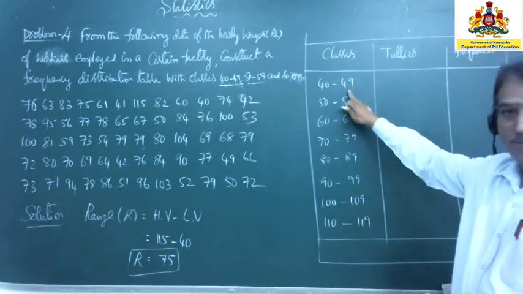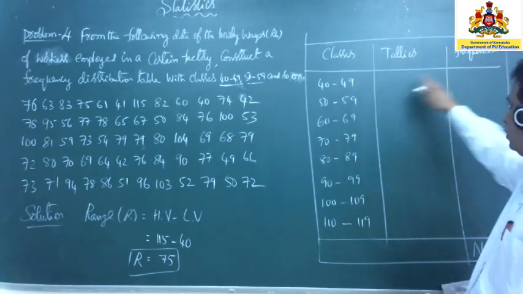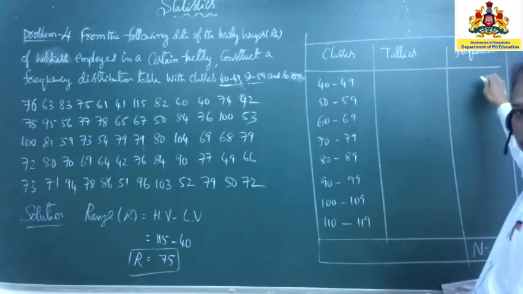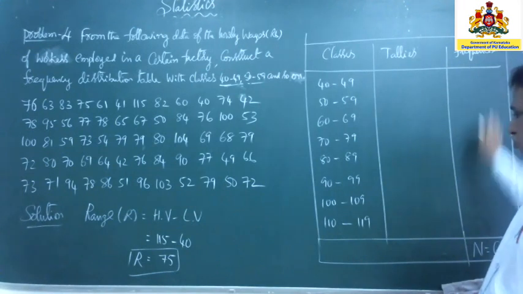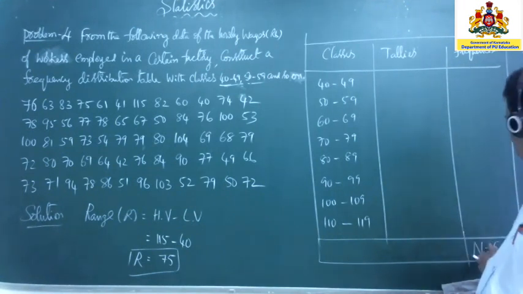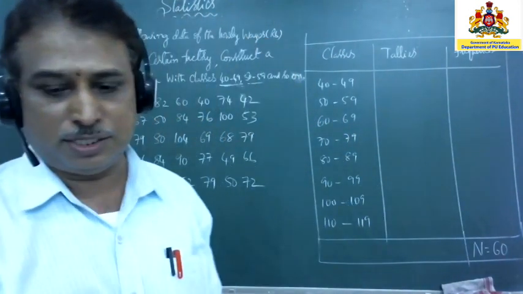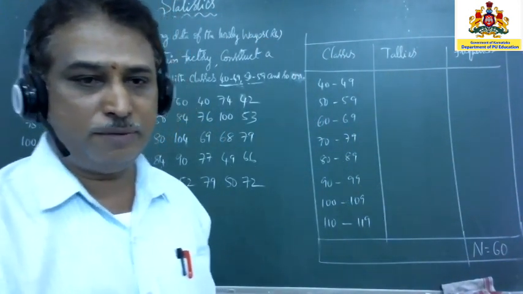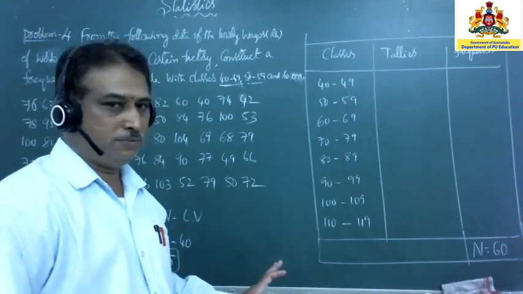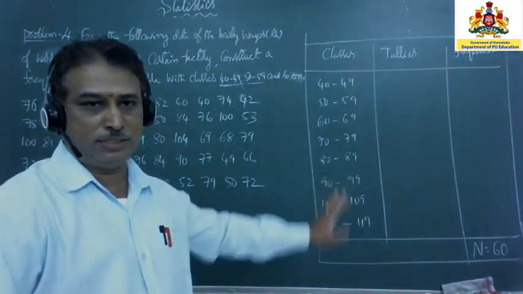Here, the upper limit is included. Count the tallies and write them in the form of frequencies. Total, you have to get 60. That is the total frequency. So the sum of the frequencies is nothing but capital N. Okay, you practice that. That is the fourth sum.